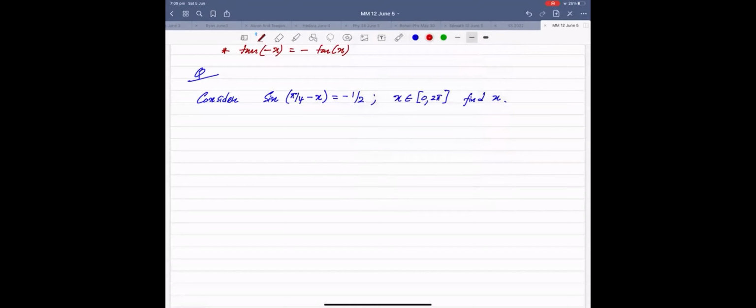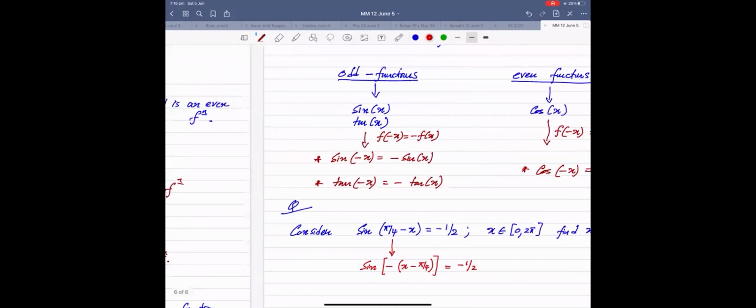Okay, let's see. Now, if you have this beast, sin(pi/4 - x), I'm going to write it in this way. What's wrong with that? Use the experience.